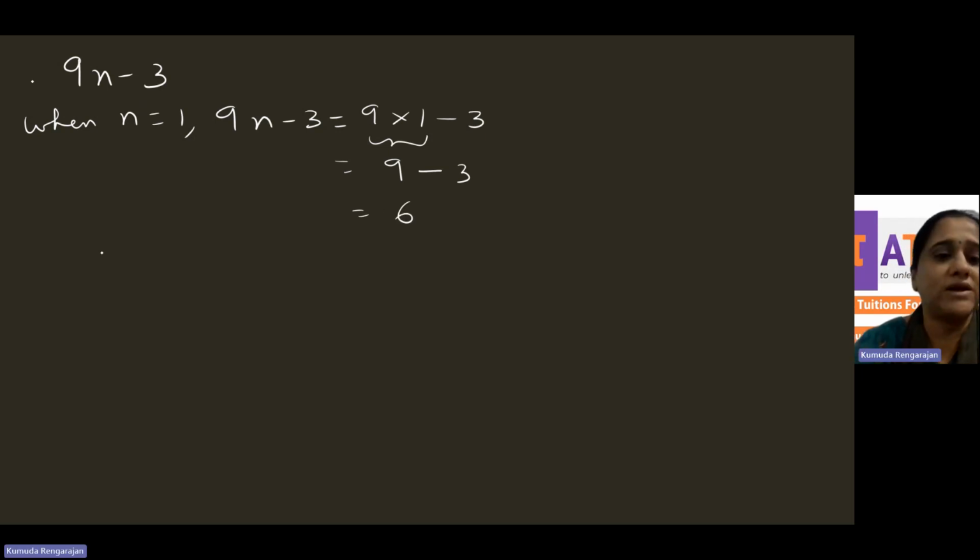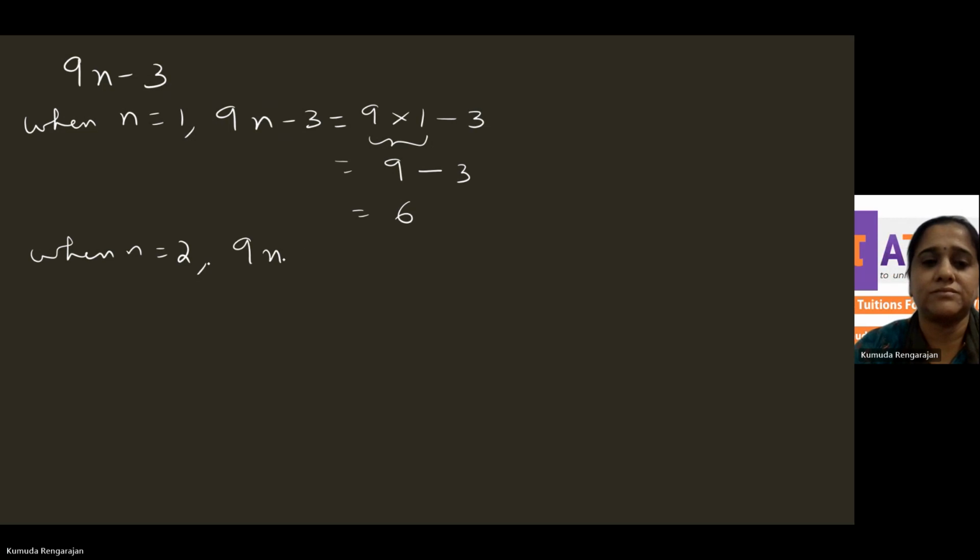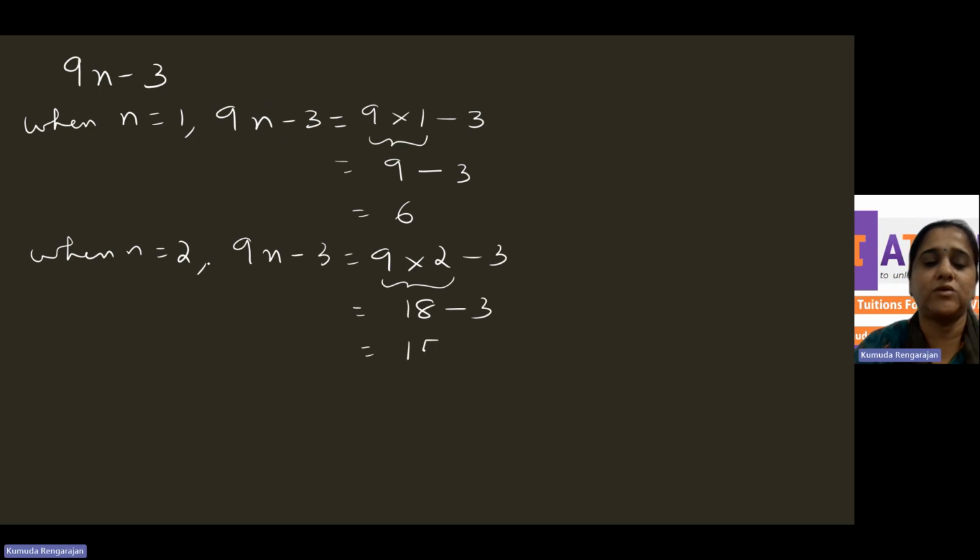Next, when n is equal to 2. You can't take n as 7; you want the first 4 terms, meaning n is 1, n is 2, n is 3, n is 4. So when n is 2, tell me. Fast, fast. Very good.